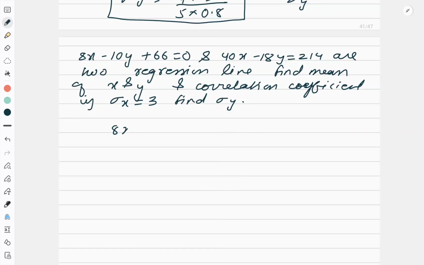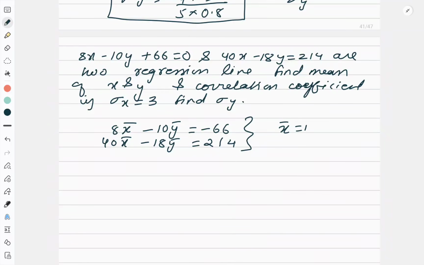So let me write 8x bar minus 10y bar is equal to minus 66, since the mean will satisfy the regression line. Then 40x bar minus 18y bar is equal to 214. Correct? Now these two are simultaneous equations. Solve them. This will give you x bar is equal to 13 and y bar is equal to 17. So the first part of the question is done.